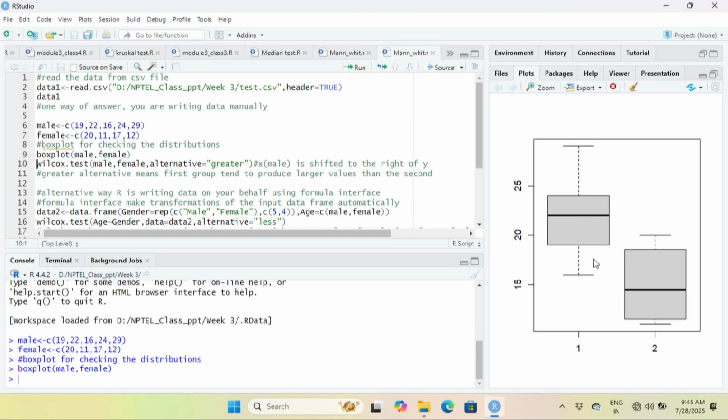So 1 means sample 1, meaning the population of the males' age, and 2 means the population of the females' age, right? Now you will see that the dark line means the median of the distribution. So the median, of course, is the sample median, because what we have in our hand are only the samples. So the sample median is that dark black line.